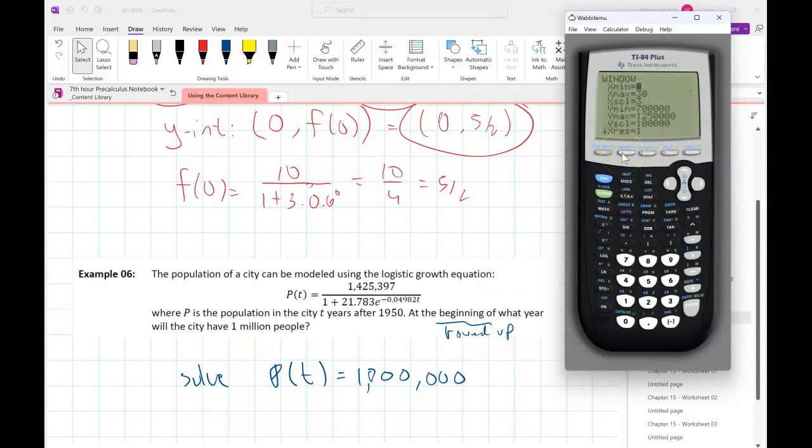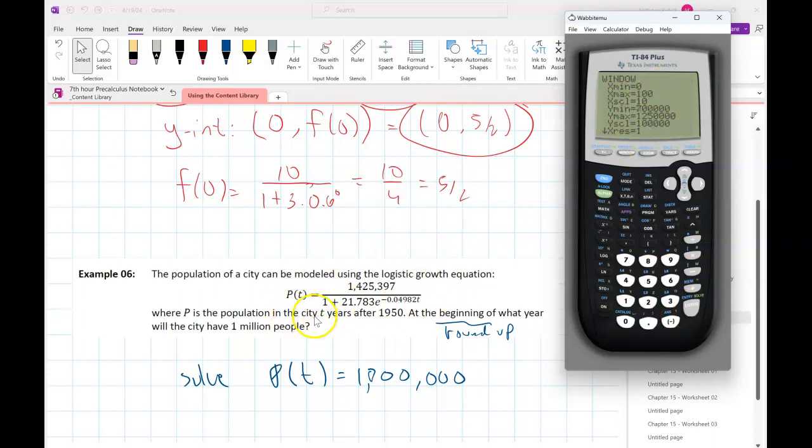I'm going to set my window. 0 is 1950. I don't know how long this is going to take, so I'm just going to pick like 100 because it could be a long time. I'm just guessing. I can always make that number bigger if I need to.